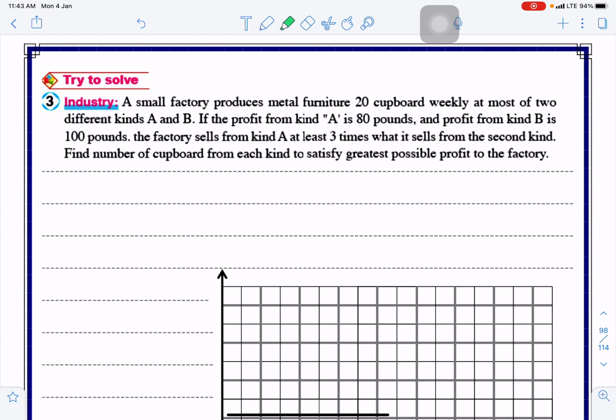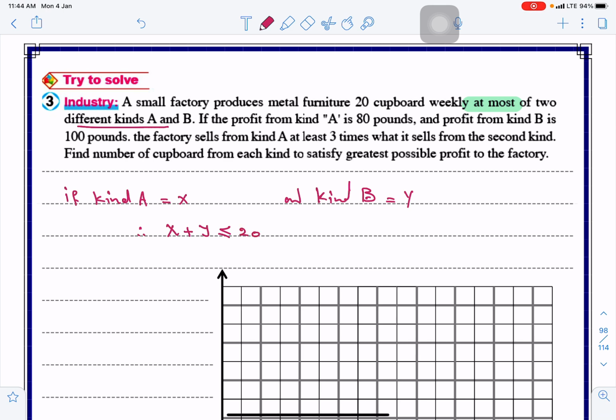At most means the factory produces a maximum of 20 of two different kinds, A and B. If kind A equal X and kind B equal Y, the first inequality is X plus Y less than or equal 20.